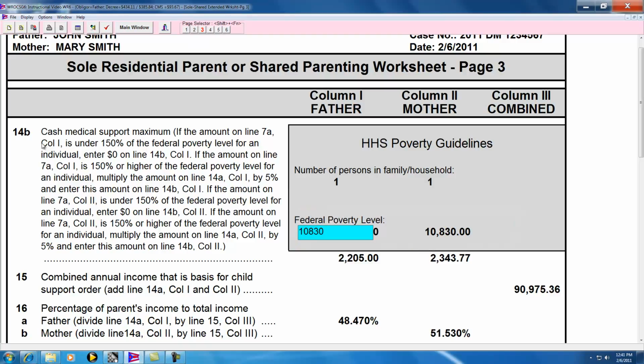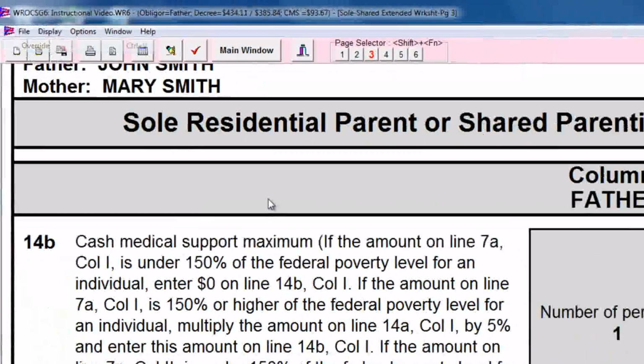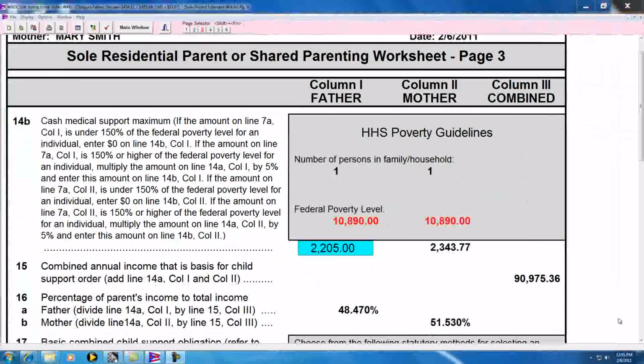Now, the Roxy version that I'm using to make this video does not have the new amount yet, so I'll use it as an example of overriding, like I did on line 1B, by changing the amount to $10,890, which then appears in red. In actual practice, we set this value when we ship the program, and then we update it at the beginning of succeeding years. So if you allow Roxy to perform the automatic update, there's little reason that you'll ever need to override it, as I did here.